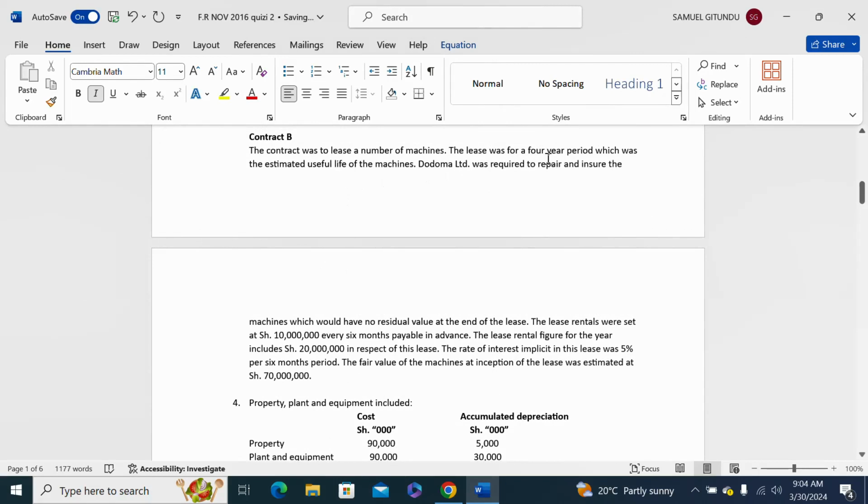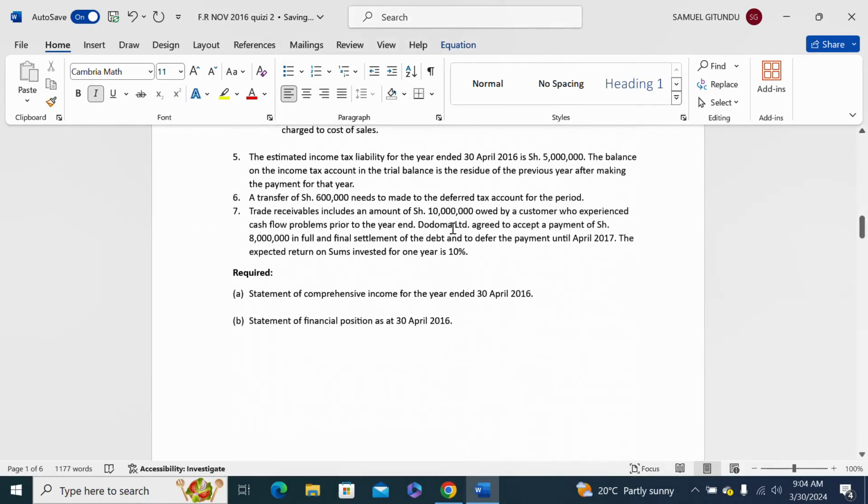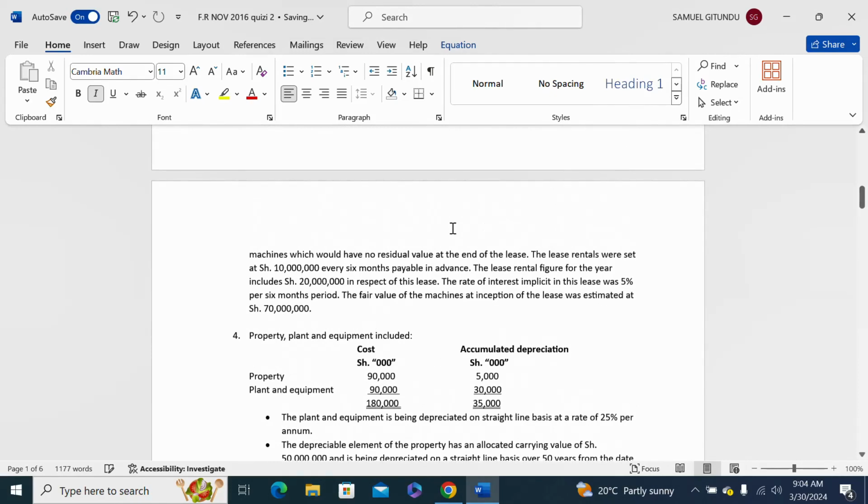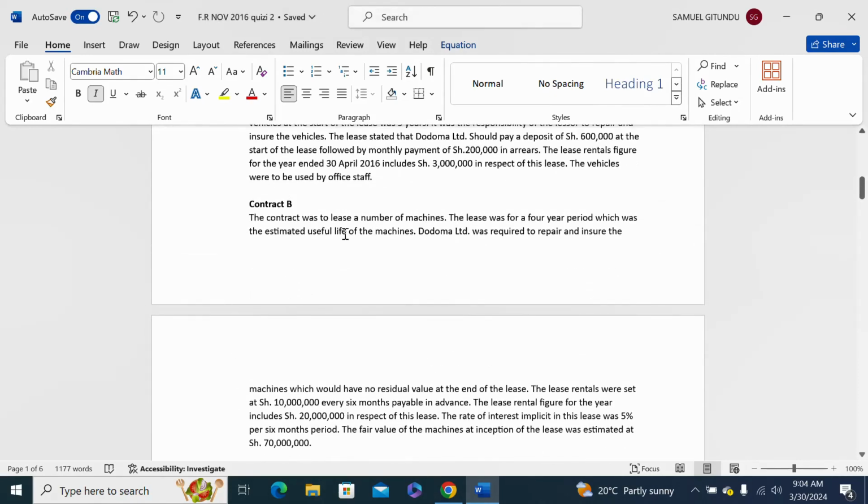The lease was for a 4-year period, which was the estimated useful life of the machine. So we divide by the useful life of the machine, or the lease period.